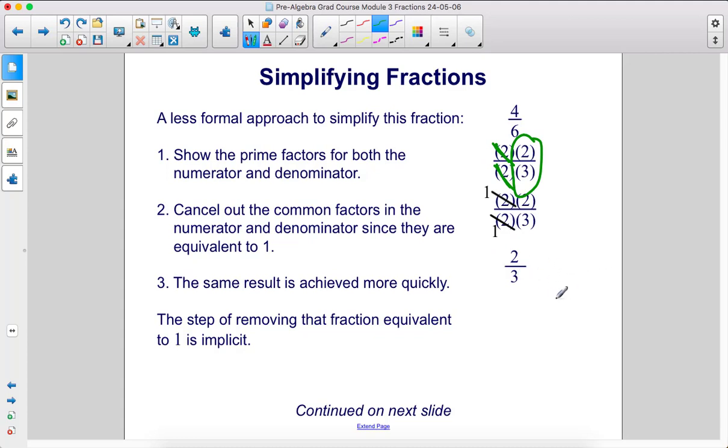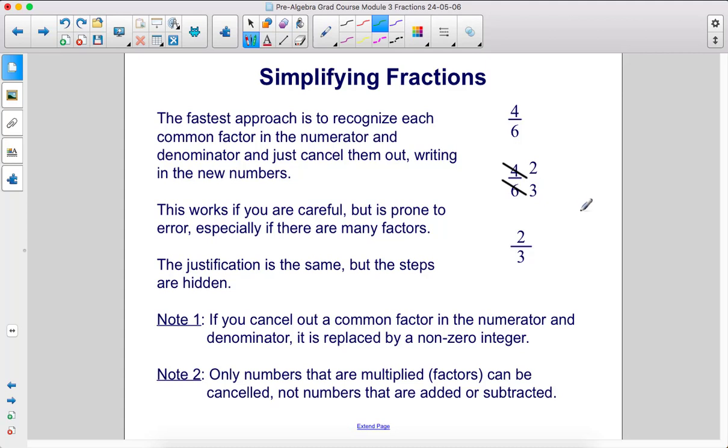So the step of removing that fraction equivalent to 1 is implicit. You don't have to do it. You can just cancel out these 2 2's. An even faster approach is just to recognize the common factors that exist within the numerator and denominator and just cancel them out, writing in the new numbers.